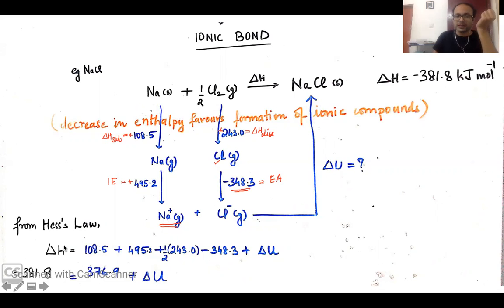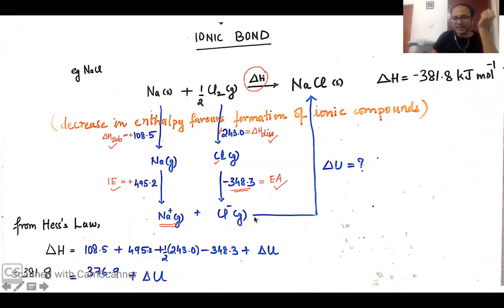Taking into account Hess's law here, this particular delta H value can be written as a summation of all these factors: delta H sublimation, the ionization energy, delta H dissociation, and then electron affinity.